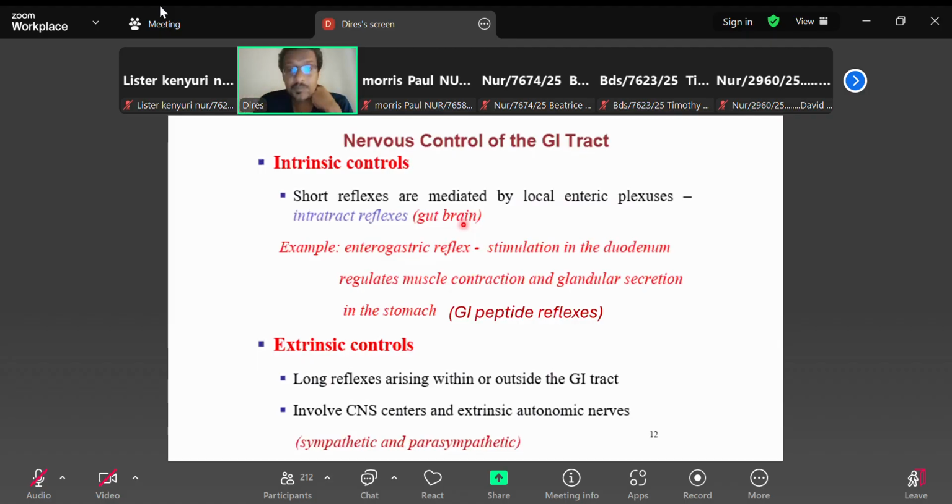What's the name? You mentioned it to me last time. You can write on the chat section. I can see. What is this set of nerve plexus that you find in the wall of the GI?